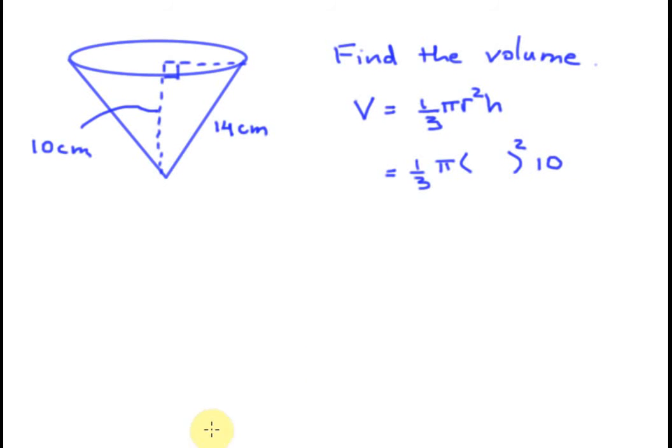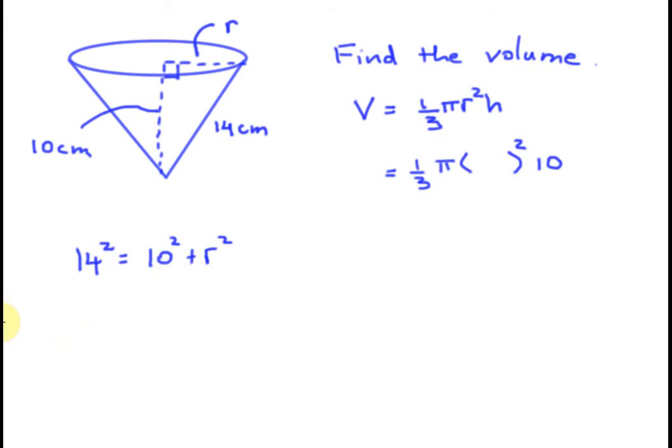So how do I continue this question? Well, in order to find the radius, r, I'm going to have to use Pythagoras' theorem. I'm going to call that r. I'm going to set up Pythagoras' theorem with this little triangle. So the hypotenuse squared equals the sum of the squares of the other two sides.